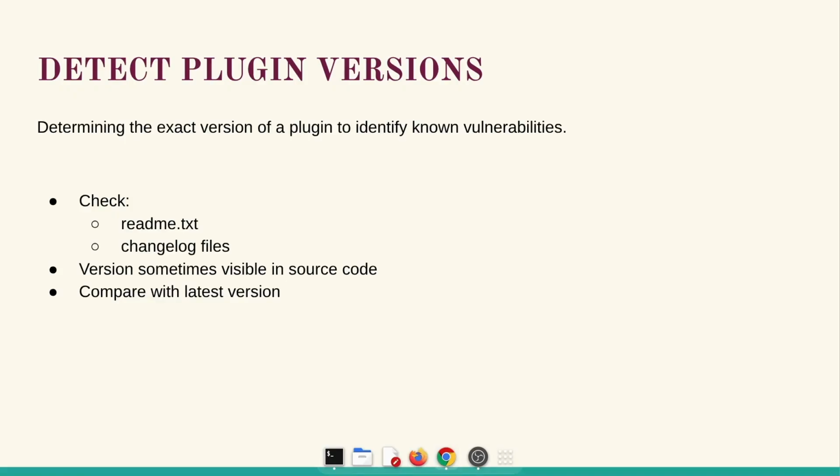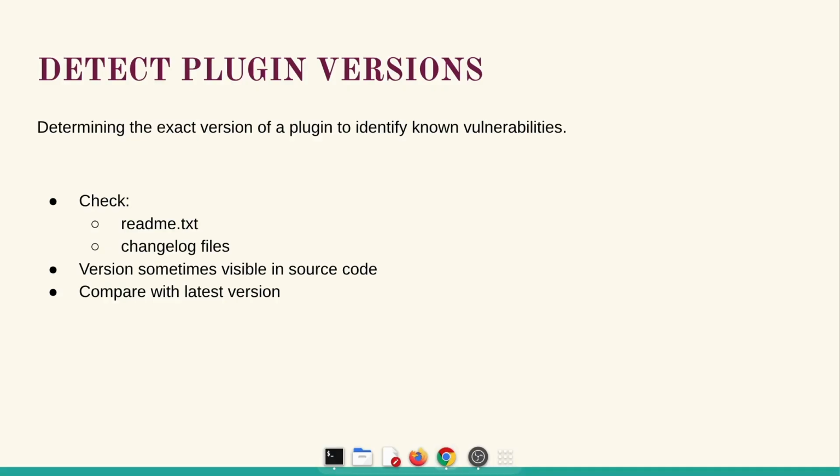Determining the exact version of WordPress plugins identifies whether they contain known vulnerabilities or not. In real-world WordPress attacks, we don't break the core, we break outdated plugins. Most plugins are third-party and many are poorly maintained.